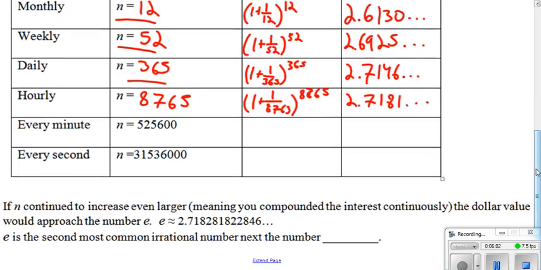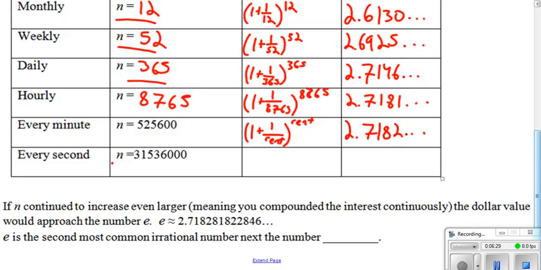What if they checked it every single minute? You had somebody on it at all times. 525,600 minutes in a year, just like Rent. Thanks, hipsters. So that one would be 1 plus 1 over that value, whatever they sing about minutes in a year. That would come out to 2.7182 and some change.